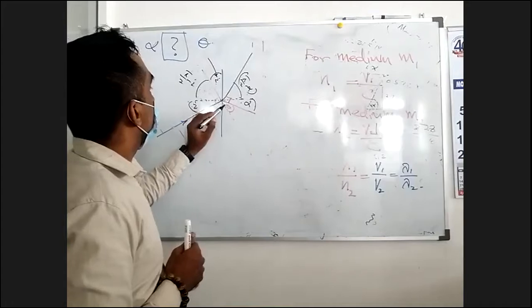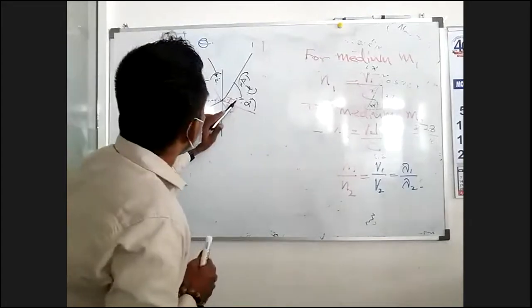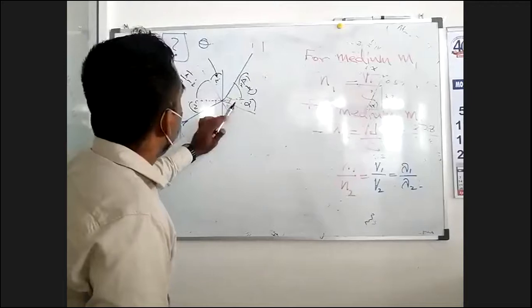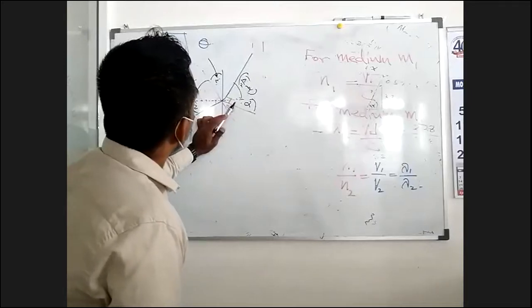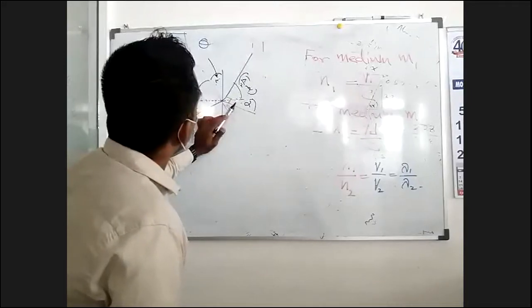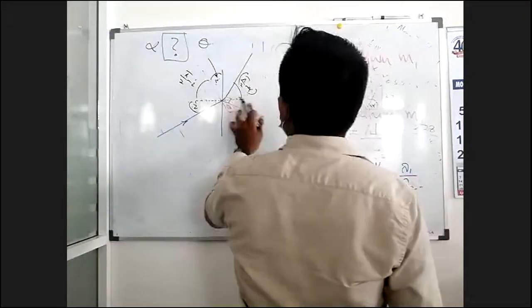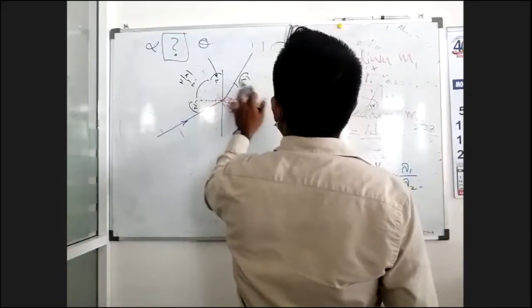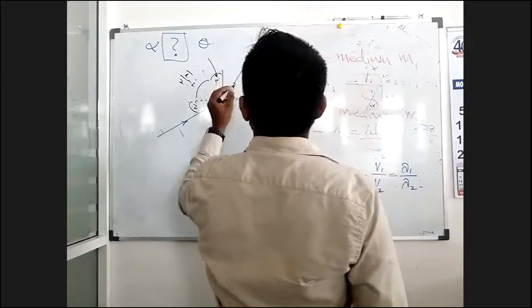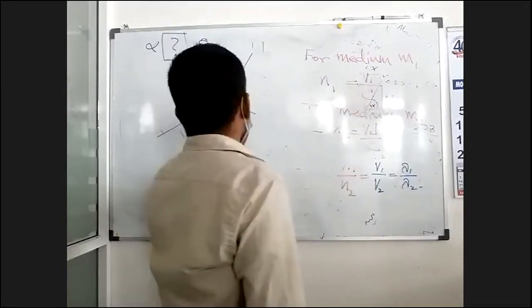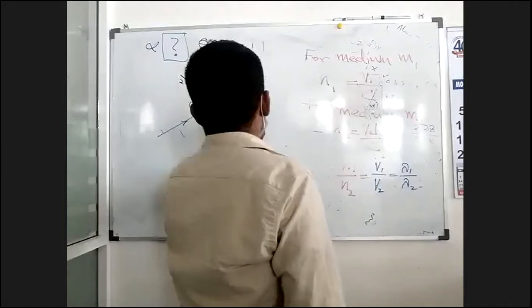So this is alpha. No, this is not the alpha. This is alpha. I'm wrong. Then this is pi upon 2 minus alpha.